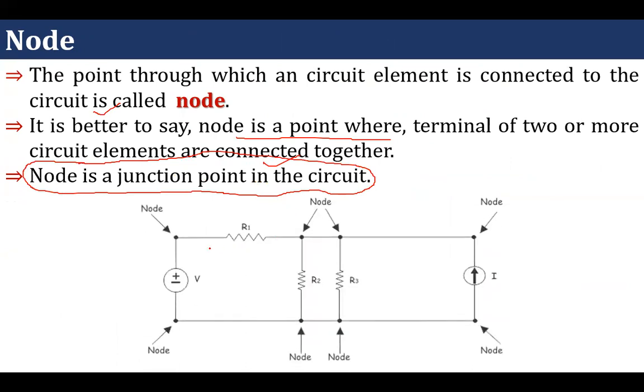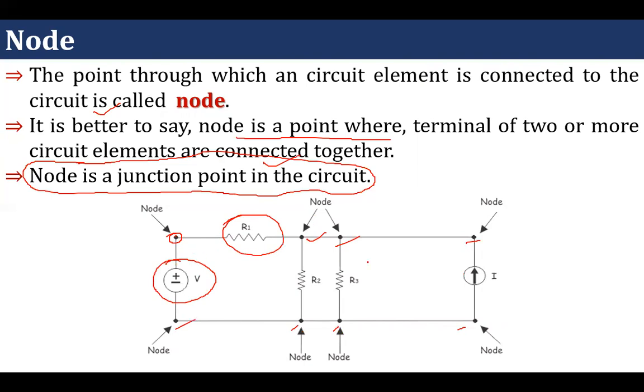It will be very clear from this picture. Here we have a node where two circuit elements, this resistor R1 and this voltage source, are connected. Similarly, we have nodes here, we have nodes here.